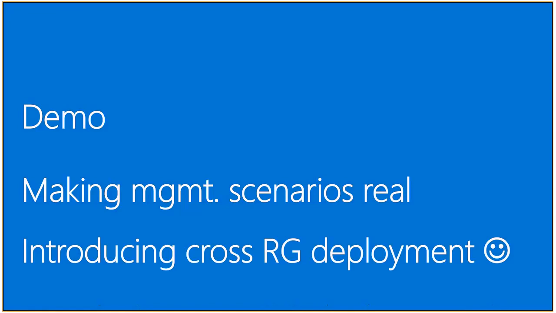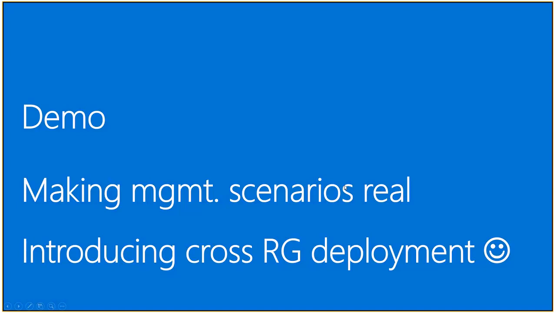So one thing we added support for back in May was cross-resource group deployment support. So if you have been working a lot with templates, you might know that you were limited to deploying only to a single resource group as part of that process, but you can now actually opt in and deploy to multiple resource groups within nested template deployment.